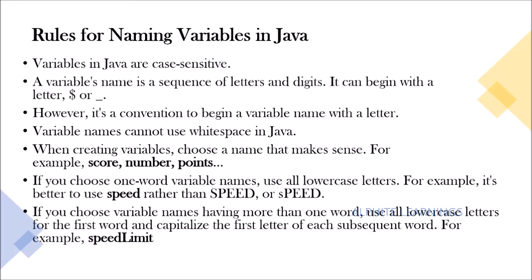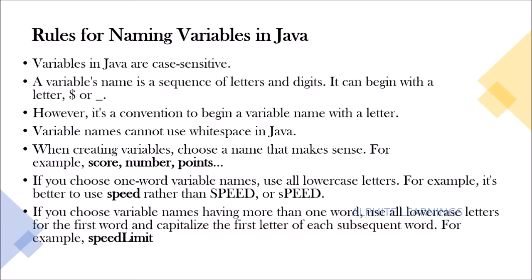For example, if you are going to write some program to create a mark list or a rank list for your class, then in that case you need to get all the subject marks to calculate the total, right? So if you're going to get 5 or 6 subjects, then give the subject name as the variable.